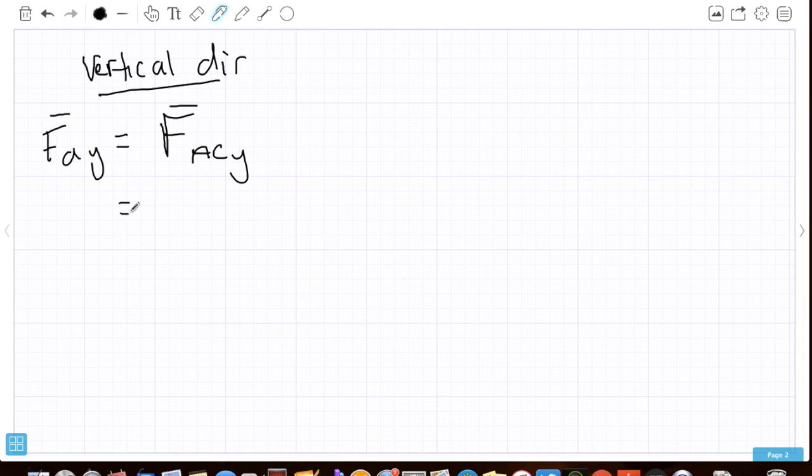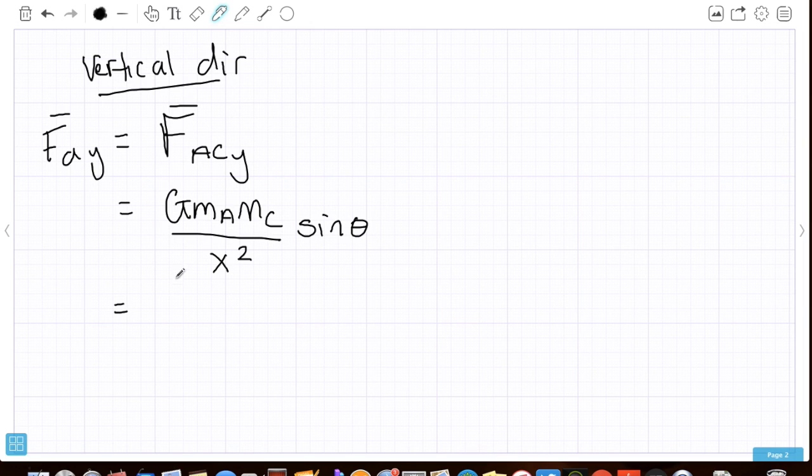And this is equal to G MA MC over x squared. Now, before it was cos theta, this time it's going to be sine theta because we want that vertical part of the triangle. So again, these variables were the same as before. In fact, this whole thing was the same as before, except the only difference is this.